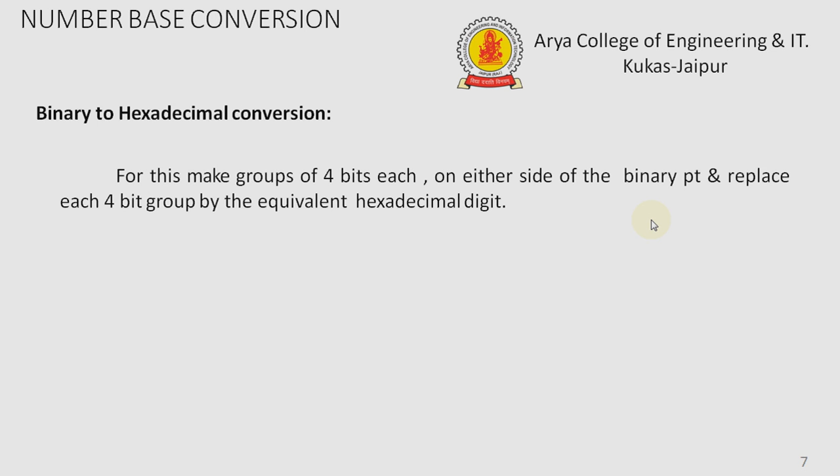And now binary to hexadecimal conversion. In binary to hexadecimal conversion, the process is the same, but the groups of 3 bits become groups of 4 bits. As we did in octal conversion, we made groups of 3 bits and converted them into octal digits. Now each group has 4 bits.